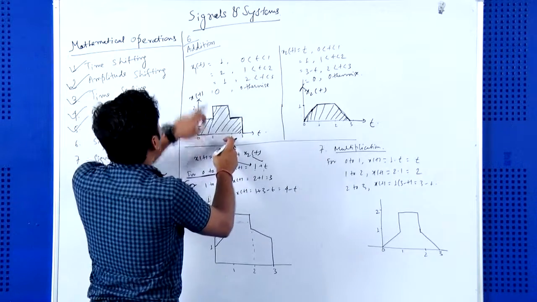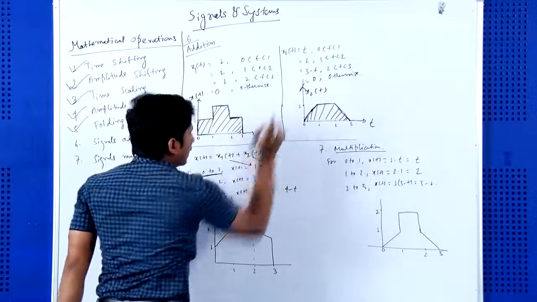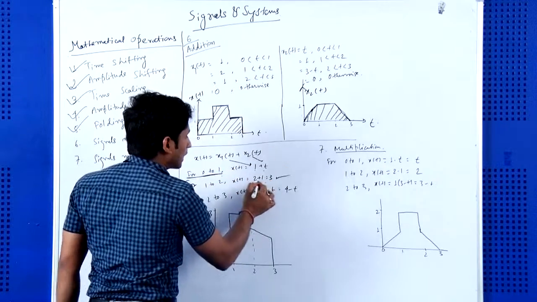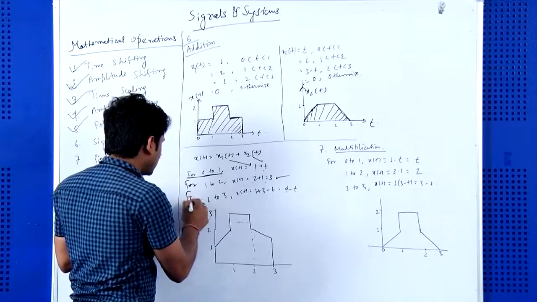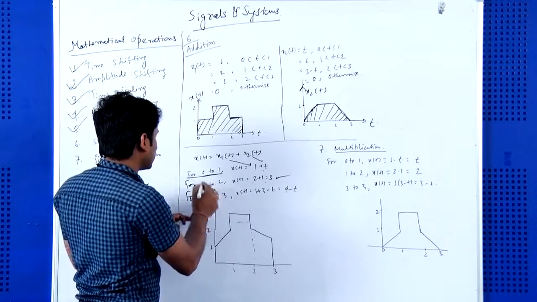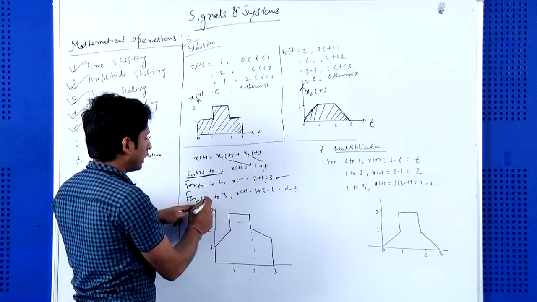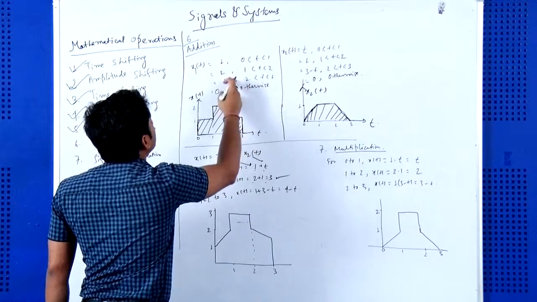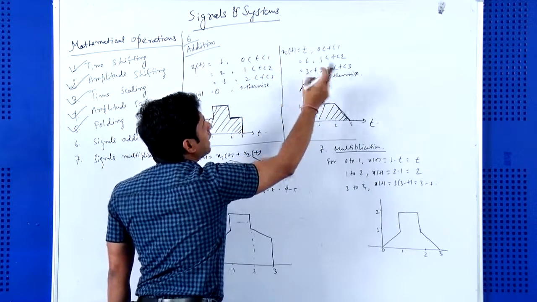For 1 to 2, x1(t) is equal to 2 and x2(t) is equal to 1, so the sum is 2 plus 1, that is 3. Now for t between 2 to 3, x1(t) is equal to 1, and x2(t) here is 3 minus t.